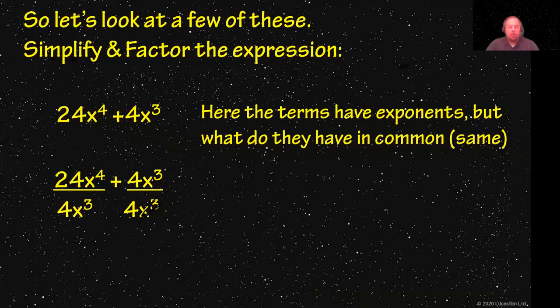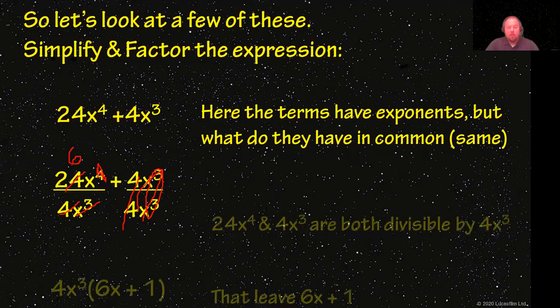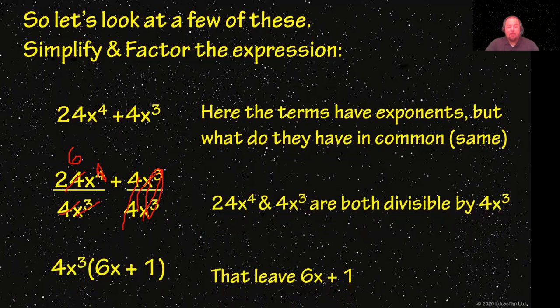Okay, this is x3, these two cancel out on that side, and the 4 cancels out. On the left side, I have 3 x's that are going to cancel out, and it's going to leave just 1 x. So they cancel out, leaving just 1. And then 4 goes into 24 6 times. So my answer there is going to be 6x plus 1.